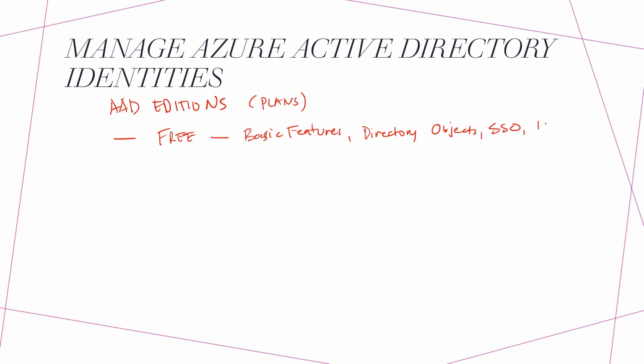And then some identity and access management. So you can create users, you can create groups, you can assign roles to users as well, which is really good. I think with this free edition, you can set up and play with it. It's a good starting point for studying Azure AD.